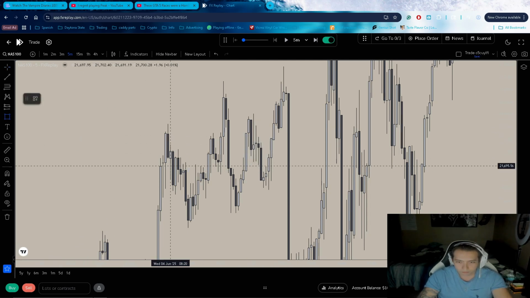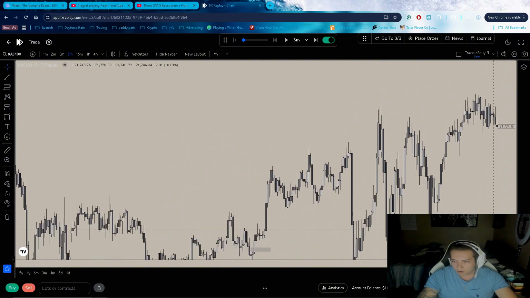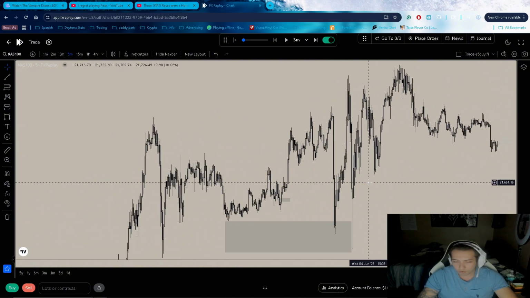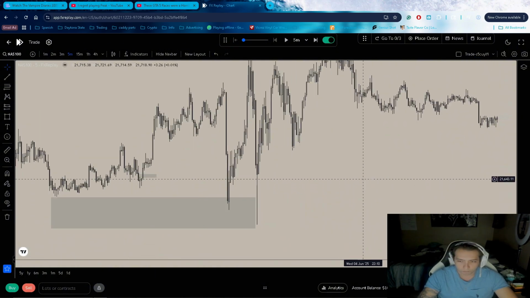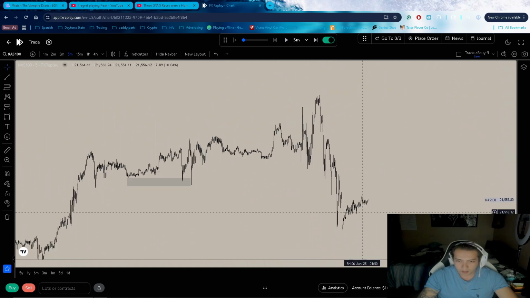Compared to right here, it took 2 candles, and it played out just fine. So you want your inversions 1, 2, 3, maybe 4 candlesticks. Pretty easy model. I'll show you some other examples real quick.